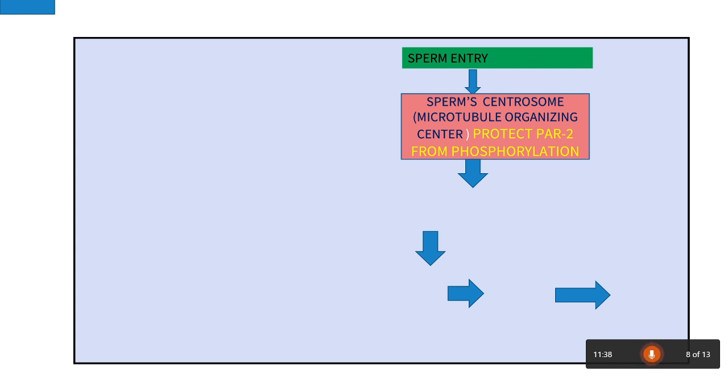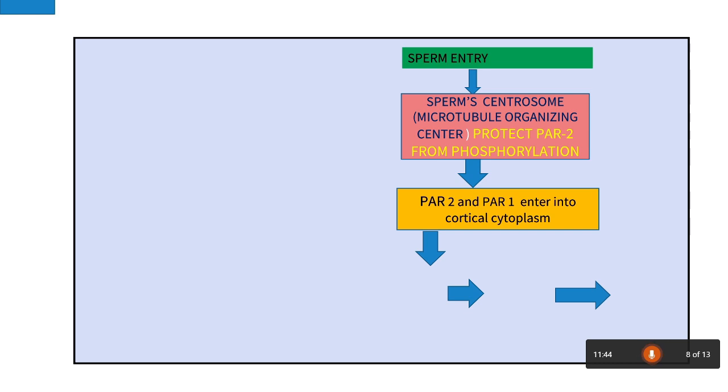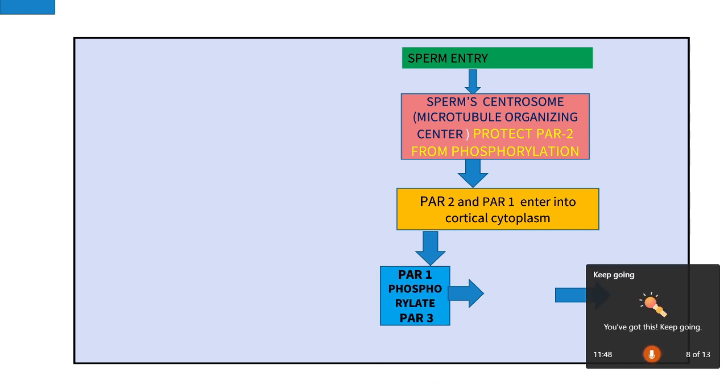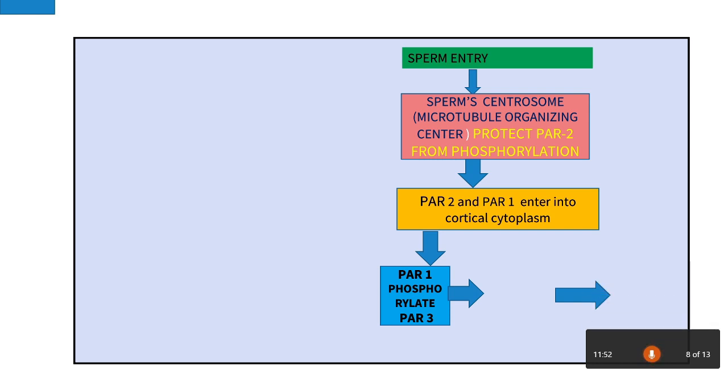But now that PAR2 is protected from phosphorylation, PAR1 and PAR2 can enter into the cortical cytoplasm. Once PAR1 and PAR2 enter, PAR1 can phosphorylate PAR3 in the cortical cytoplasm.